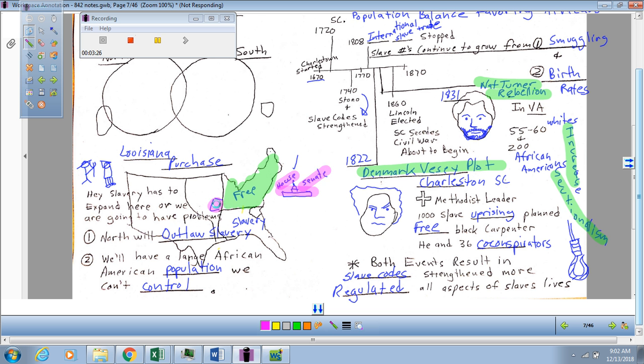The new states formed from the Louisiana Purchase would affect this greatly. If they were to go in favor of the North and free, the South would lose control of both the House and the Senate, and the North would possibly be able to outlaw slavery, leaving a large population of African Americans that the South would not be able to control.